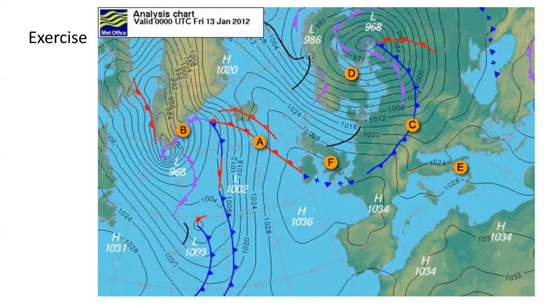If you imagine that gap between 1028 and 1032, you maybe only get 3 of those across the UK. So I think that would be quite a nice day to fly. And wind direction is from the north.